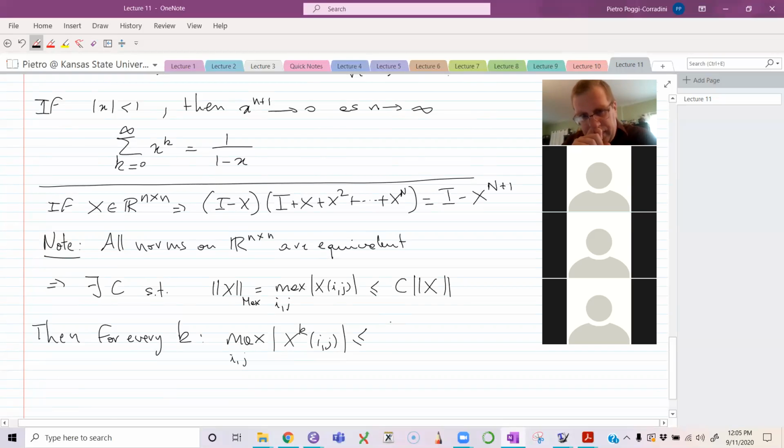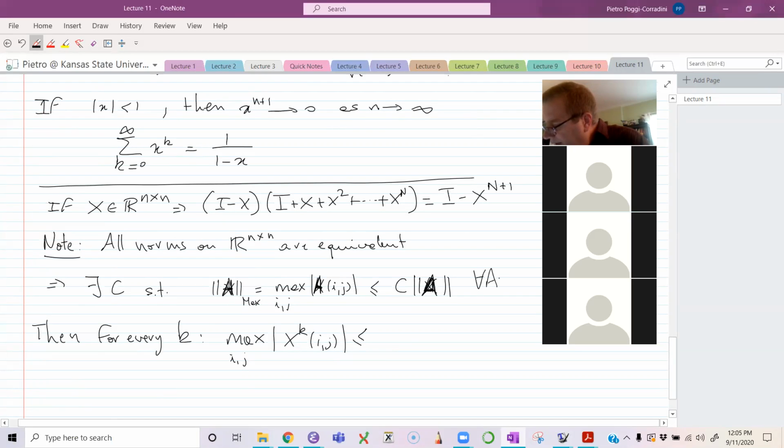so I see what the problem is. This inequality here holds no matter what matrix X you use, not just the one you. So maybe I should call it A here. Well, I think it'd be less confusing if I use A here.